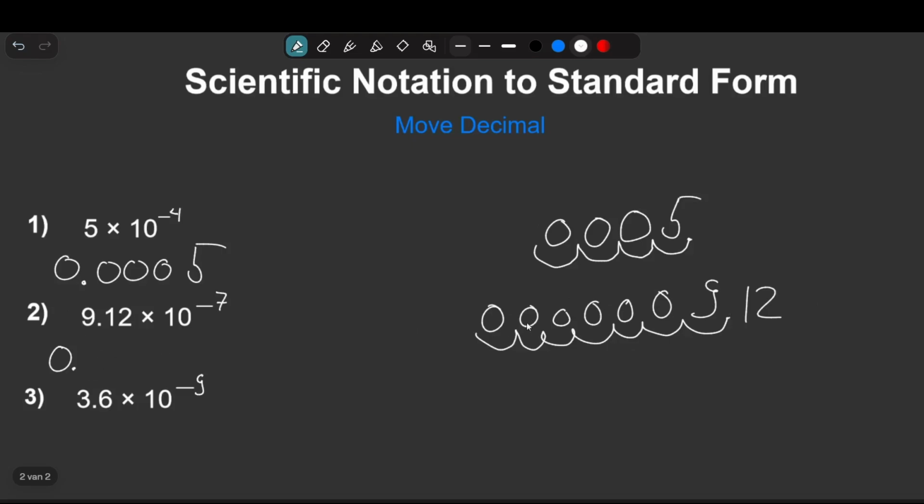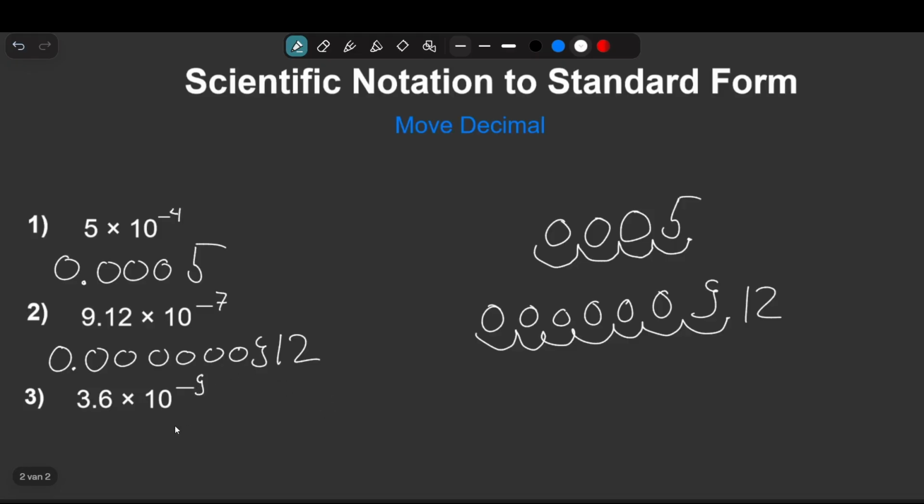So we're going to do 1, 2, 3, 4, 5, 6 zeros, and then 9, 1, 2, and this will be our final answer of the second example. So this is very simple to figure out if you just practice this a couple of times. And do remember that if you have a negative exponent, we move the decimal to the left, and if you have a positive exponent, we move the decimal to the right.